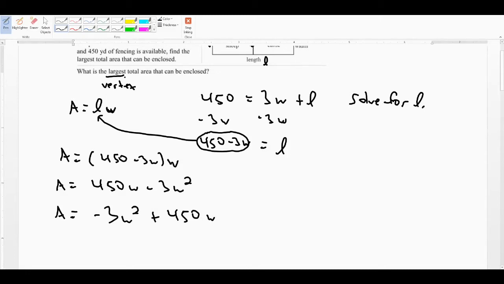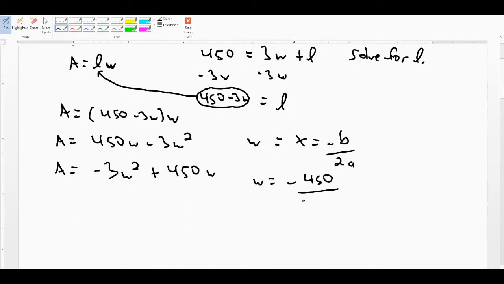Now it says what is the largest area that can be enclosed. So what I want to do, I want to use the vertex formula, which is x equals negative b over 2a. Now the x is actually a w, so I'm going to find w. B is in front of the w, so that's negative 450 over 2 times the a.